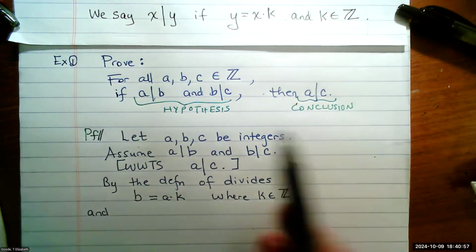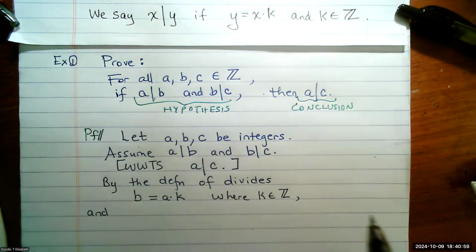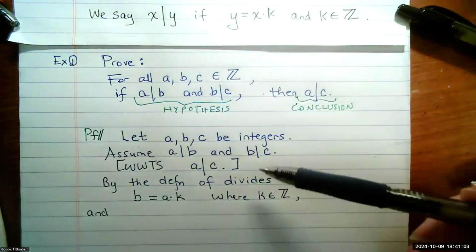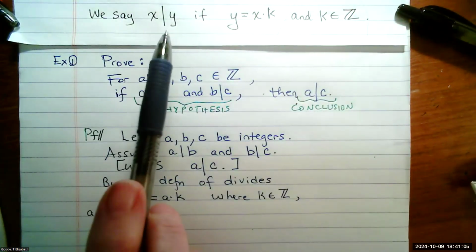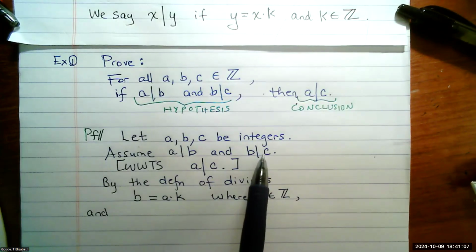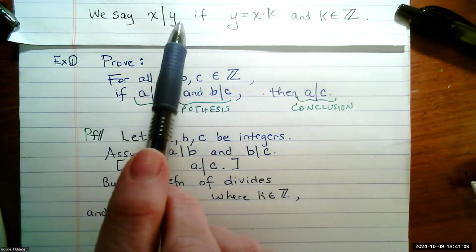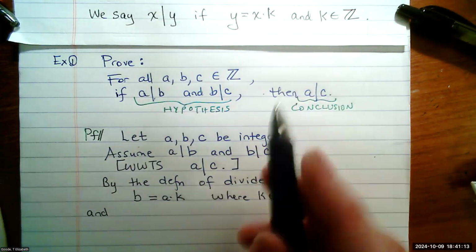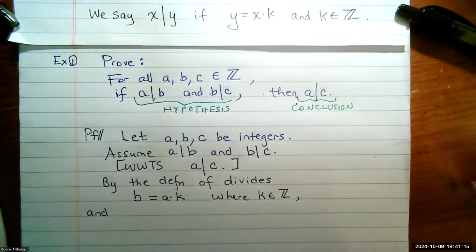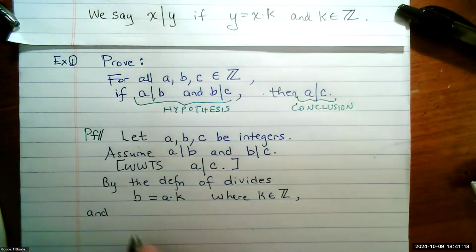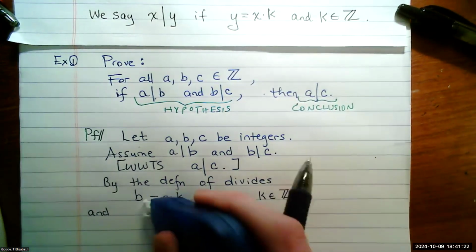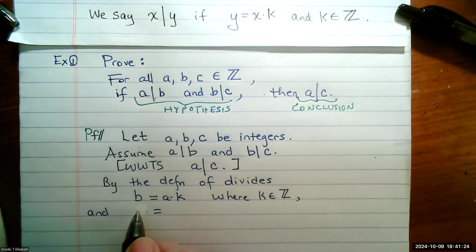And of course, we also know that B divides C. Okay, so now when we use the definition of divides, B is the X and C is the Y. So B is dividing into C. So our equation is that C equals B times some integer, we need a letter.